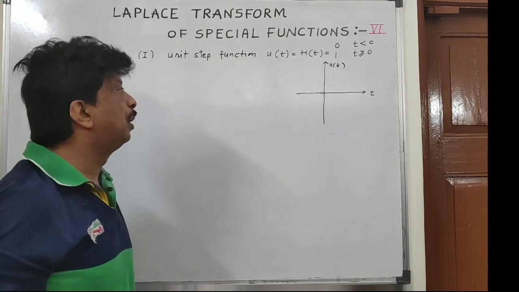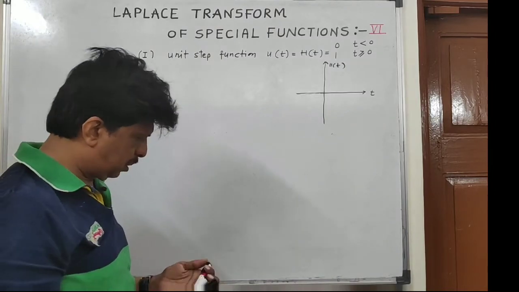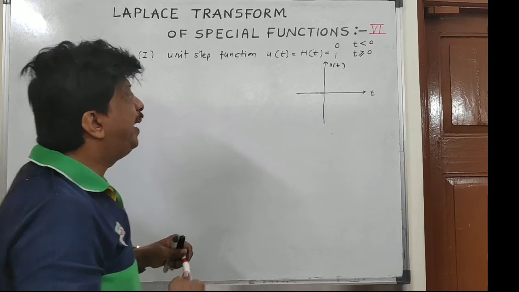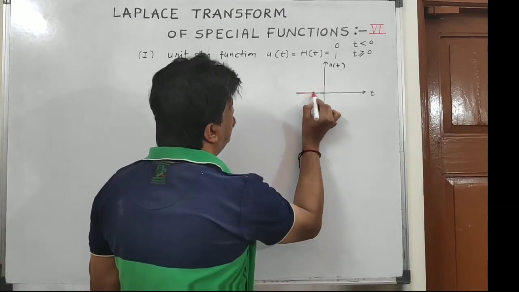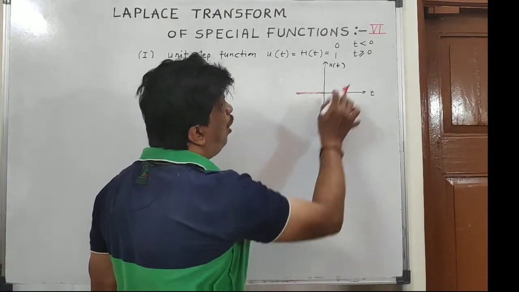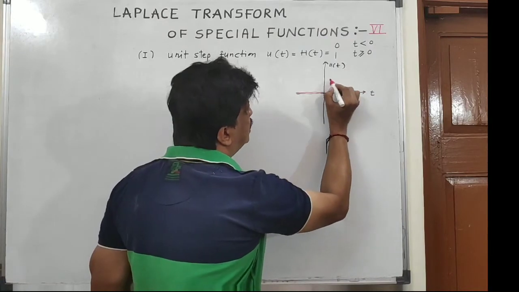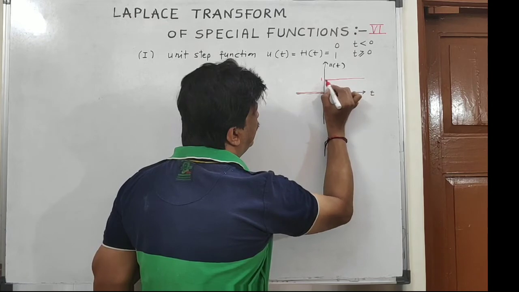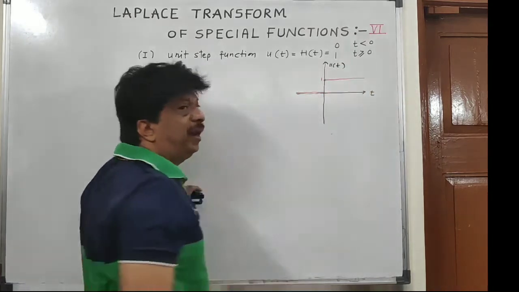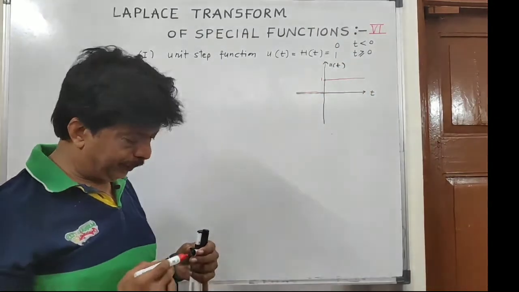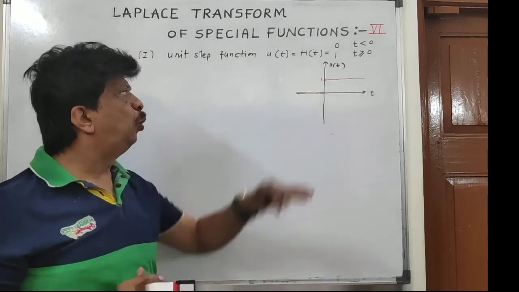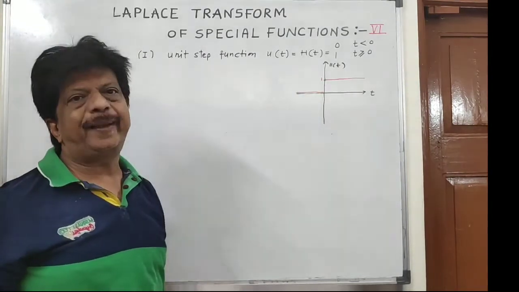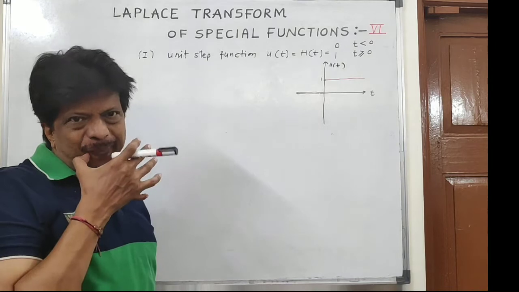And for t greater than or equal to 0 and onwards it takes the value 1, up to infinity. So that is how we plot this unit step function.